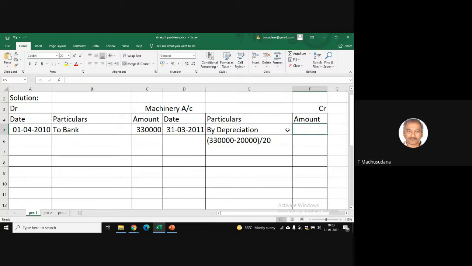3,30,000 minus 20,000 is 3,10,000. 3,10,000 divided by 20, how much does it come? Anybody?